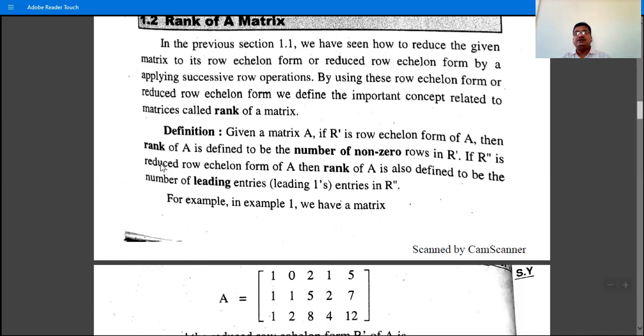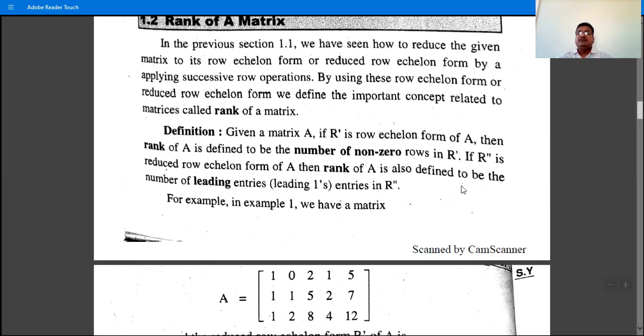If R double dash is the reduced row echelon form of matrix A, then the rank of A is also defined to be the number of leading entries, leading ones, in R double dash.